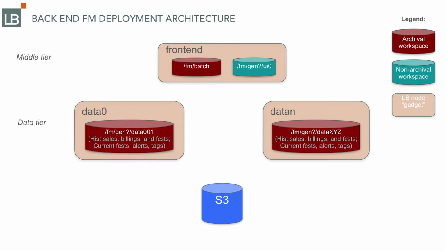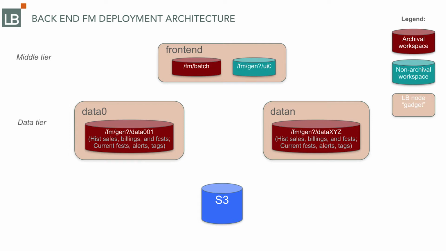So the front end of our application is a middle tier that has a couple of databases running on it, which I'm showing there. One of them, the one called UI0, is hosting services which either directly answer queries or proxy them down to other nodes that actually contain a slice of the real data.